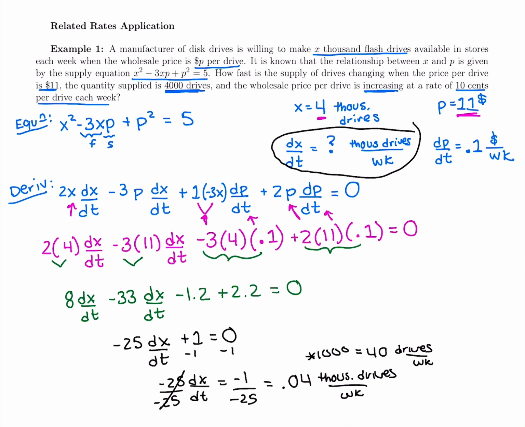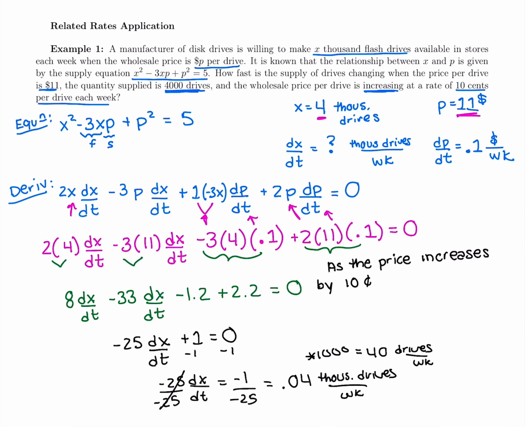So to interpret this, we're going to say the derivative we were given and how it affected the derivative we found. So the derivative we were given is that they want to increase their price. So we're going to say as the price increases by 10 cents per week, this one was supply, not demand, right?